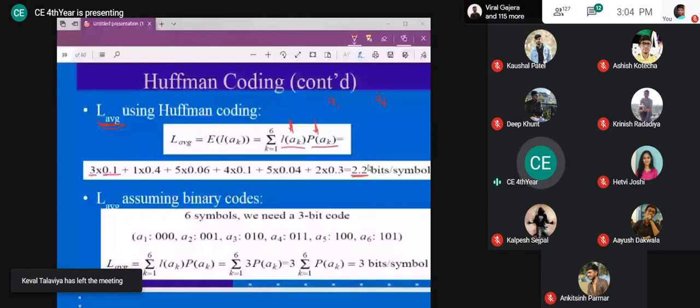Then you will check: do I have any symbol represented by only 0? The answer is no. There is no symbol which is just represented by 0, so it is not the symbol.